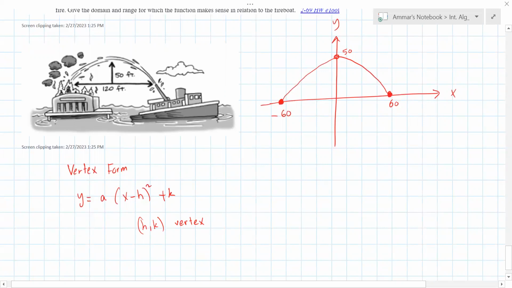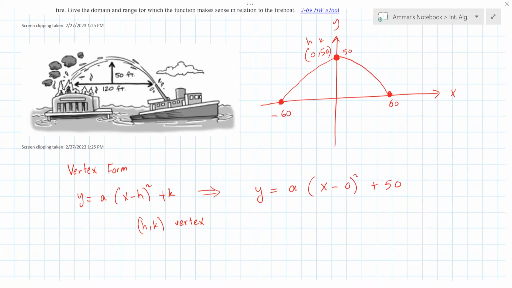As we see the vertex here, this point, the x-coordinate of that is 0, and the y-coordinate is 50, which means h is 0, and k is 50. I can plug that in here in this quadratic function. So a(x minus 0) squared plus 50, because h is 0 and k is 50.